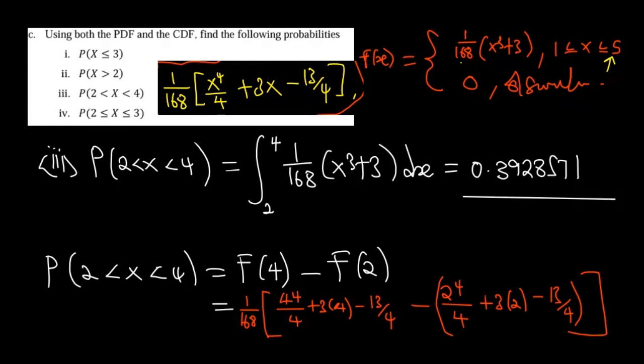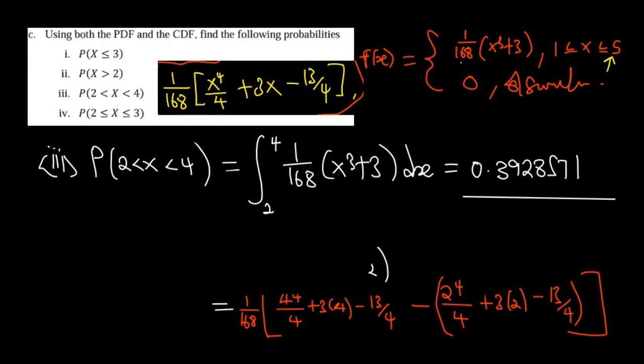When I punch this onto the calculator, what do I get? Let me write it on top here, so I'll erase this part. I'll say 1 over 168. Okay, so when I punch this one, let me multiply it by the 168.